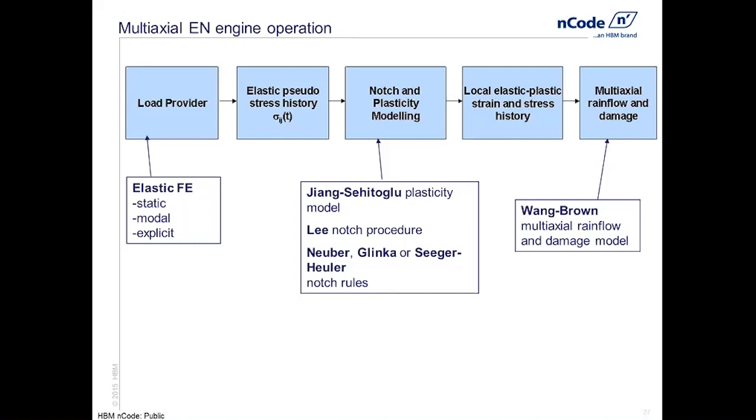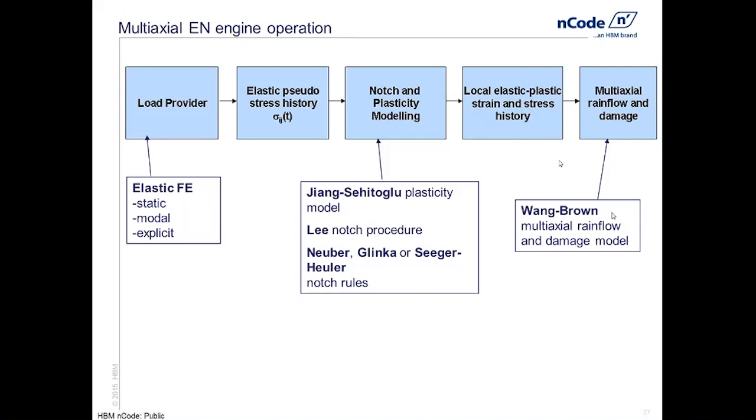Then this information is passed through the notch and plasticity models to predict the local stress and strain history. And this is the full stress and strain history, not just the turning points. Finally, we push those local stresses and strains into the damage model and calculate the damage using the Wang-Brown multi-axial rainflow and damage model. I'll give you a bit more detail about that in a minute.